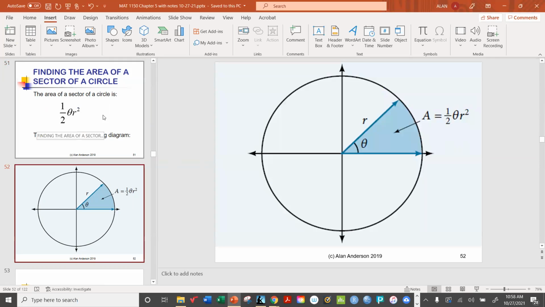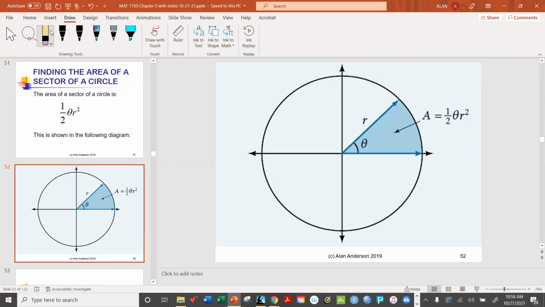Now you might say, well, who cares? What's that for? Don't you worry, it'll come in handy in a minute. So 1/2 of the angle times the radius squared. Remember, this is the radius. And you might also recall that the radius is 1/2 of d, where d is the diameter.